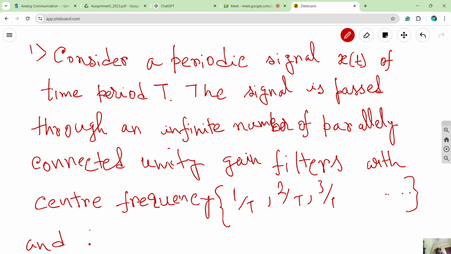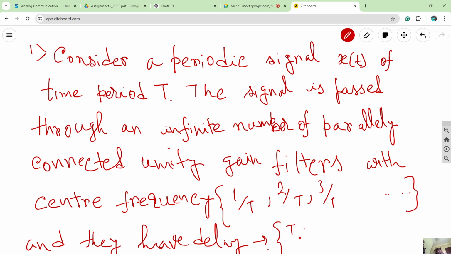And they have delays as follows: T/4. So for 1/T we have T/4, for 2/T we have T/8, and in this way.